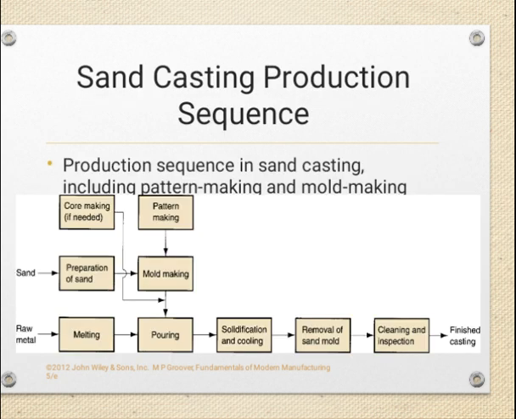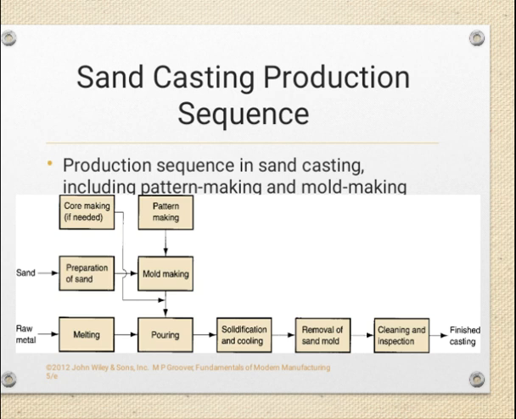Sand casting production sequence. At the beginning, core making, if needed, we can do. Pattern making, or the replica of the part which we need, that also we can create. For the required cast design, we prepare the sand mold.